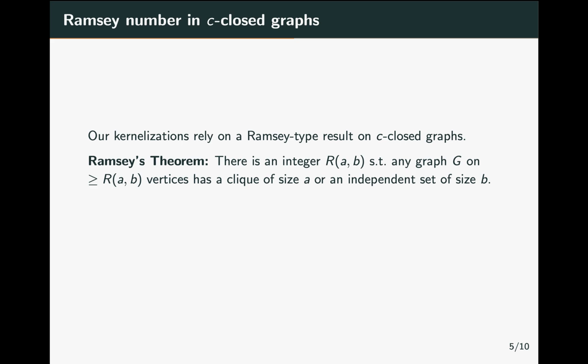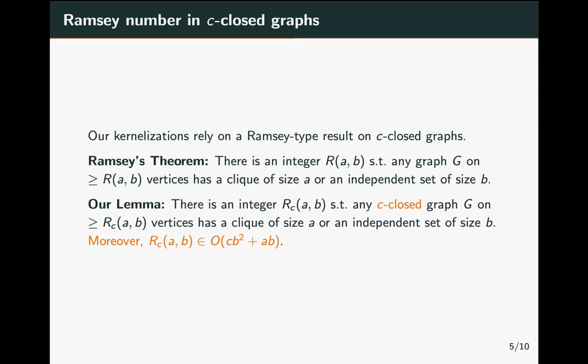For our purposes, to obtain a polynomial kernel, this result is not so useful because this function R is known to be exponential in terms of A plus B. However, on C-closed graphs, we can show that this Ramsey number is polynomial in terms of A plus B plus C.